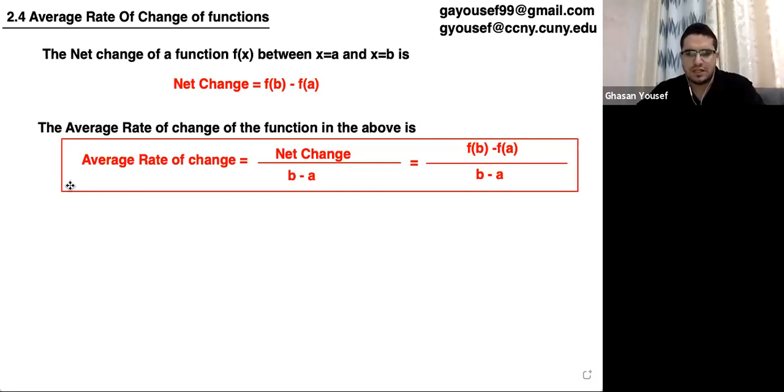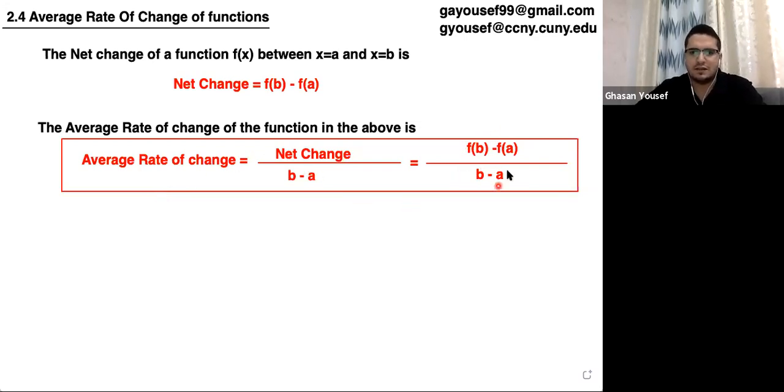But the average rate of change is also the slope of the secant line passing through the points on the graph of the function f.